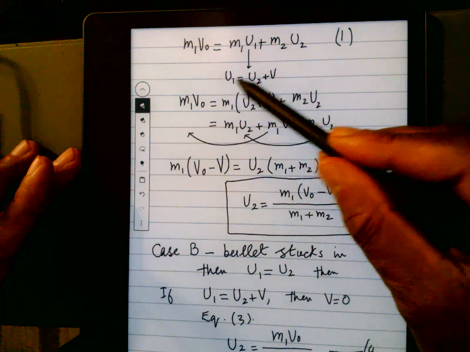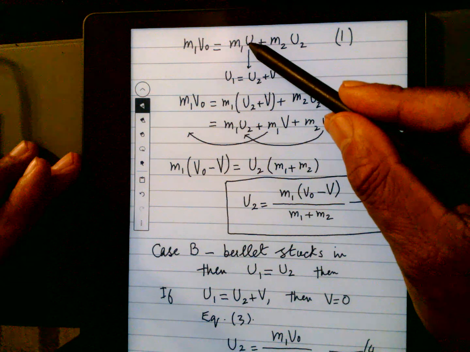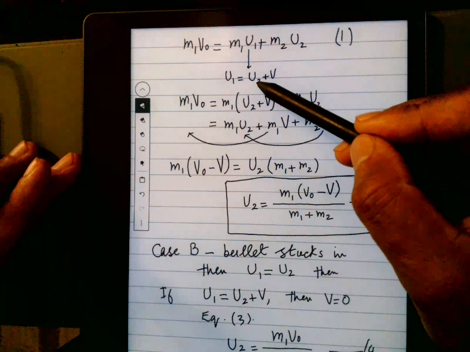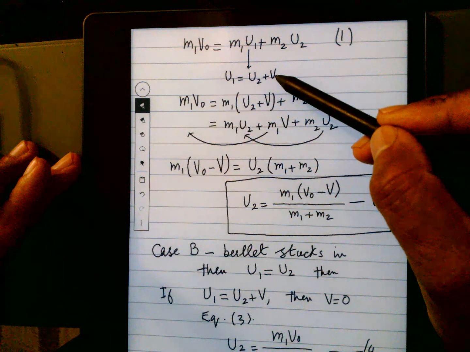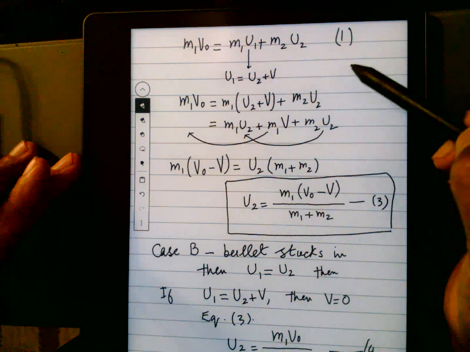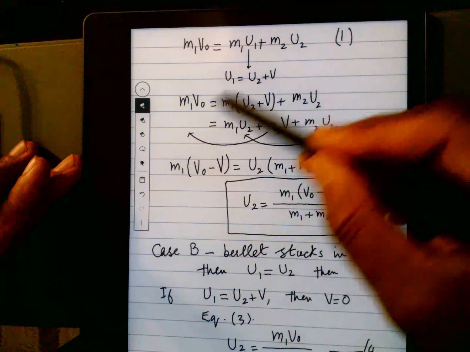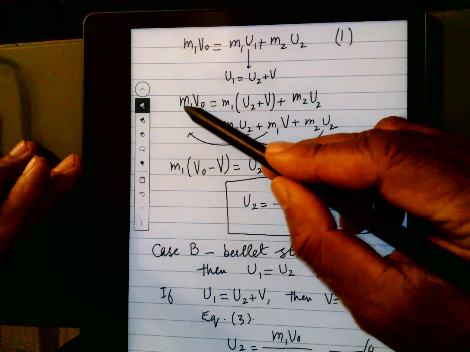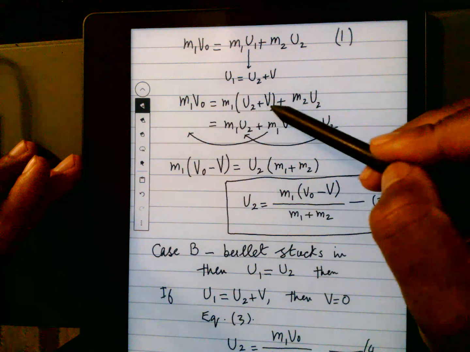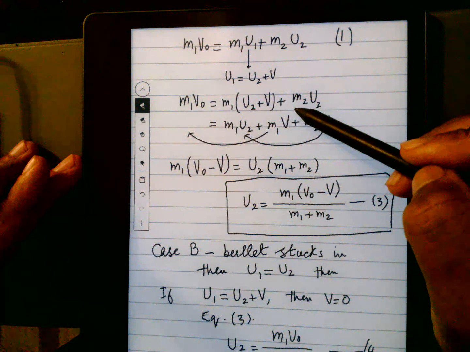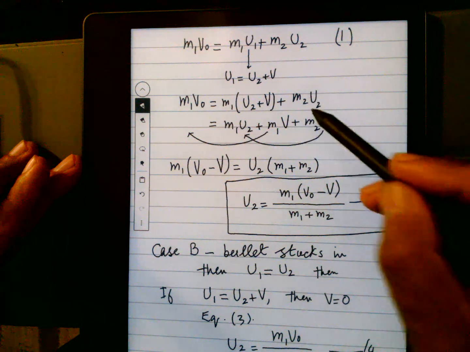So u1, the final velocity of the bullet, will be the velocity of the object plus some other velocity with which it goes through. If you put this value in, m1 v naught is equal to m1 times u2 plus v, plus m2 u2.